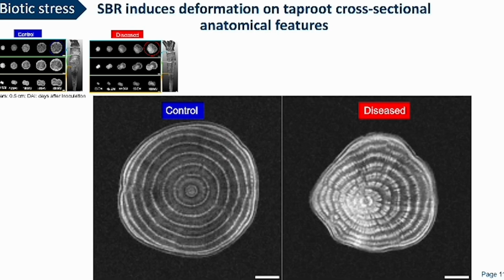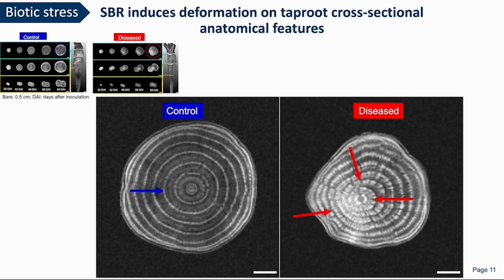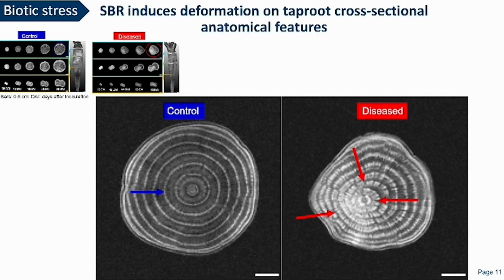If you agree with me, we observe clearly delineated anatomical structures from the central core to the storage parenchyma and also the cambium rings in the control samples. But we have seen a change in MRI signal for vascular rings and for storage parenchyma, and a pattern of broadening and interruption of vascular structures as shown here. All these indicate alteration in structural integrity of the storage root upon SBR disease.